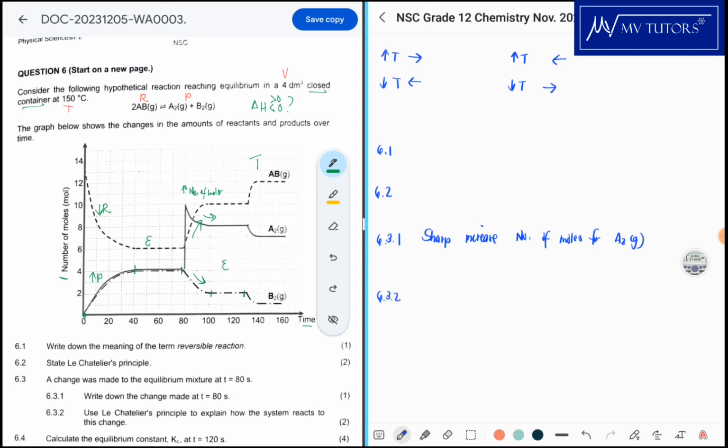And then 6.3.2 says, use Le Chatelier's principle to explain how the system reacts to this change. So we have our reactants, right? And then we have our products.